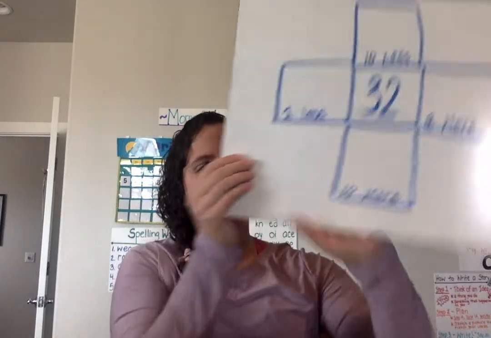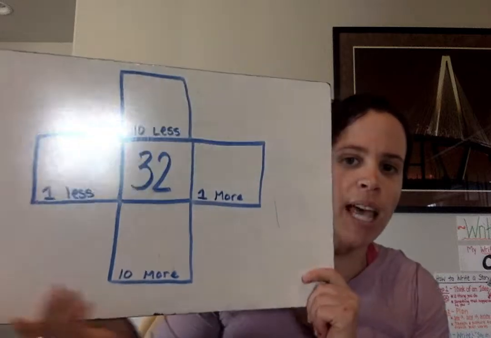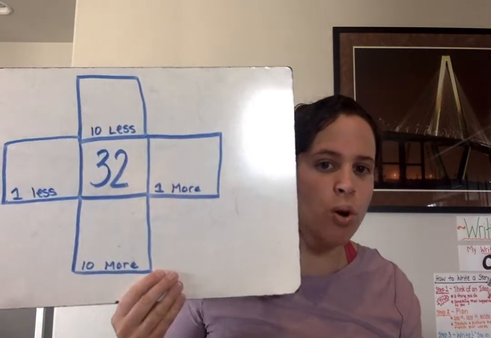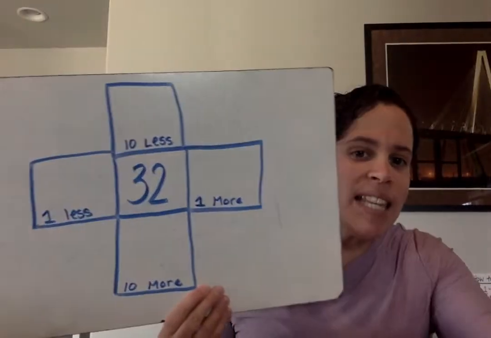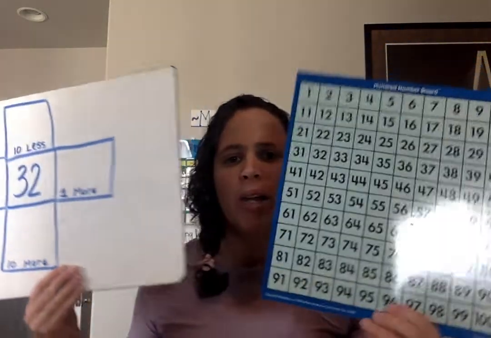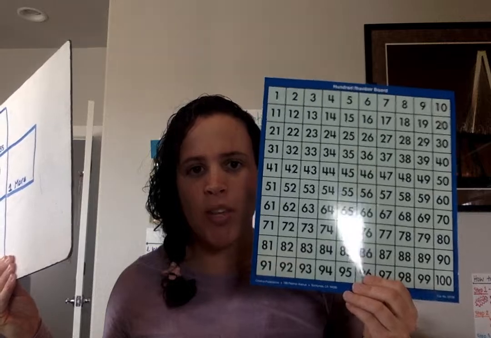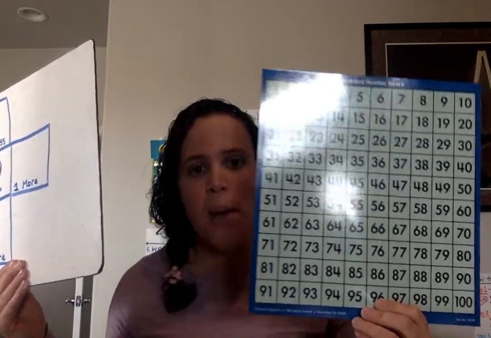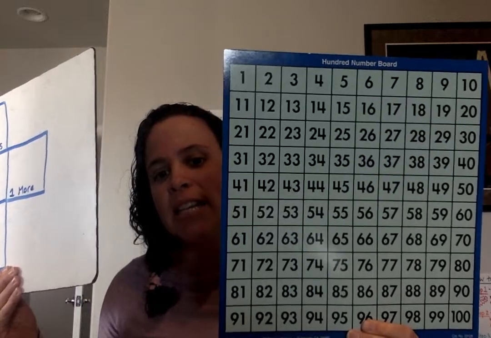So we need to warm up our brains and get them thinking about math. So I'm going to do our 10 more, 10 less, 1 more, 1 less. Now, we did this in the classroom a while back when you had your hundreds grid. I know this hundreds grid looks a little different than the one we used in our classroom, but if you have one of these at home, awesome, use it.